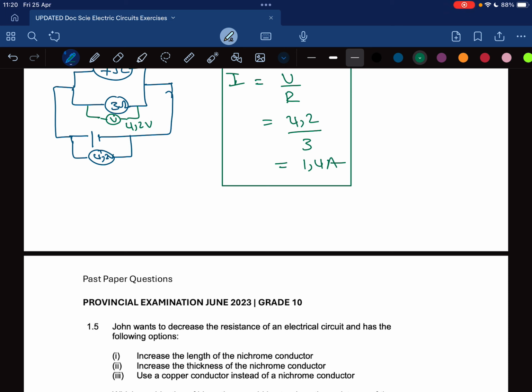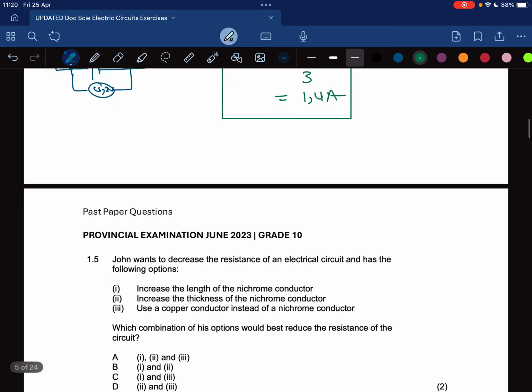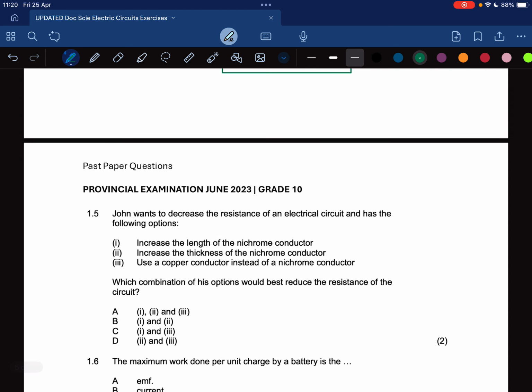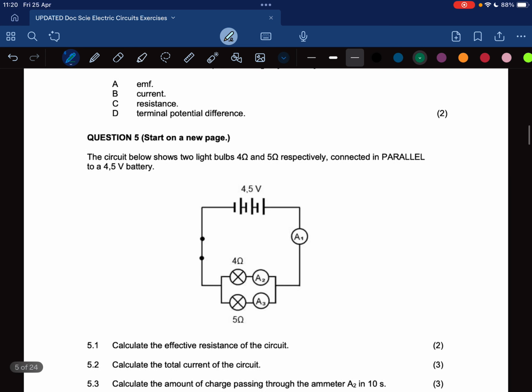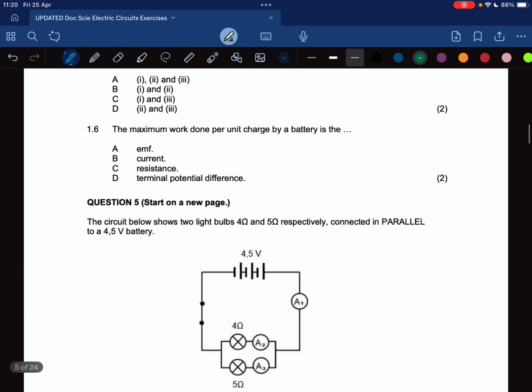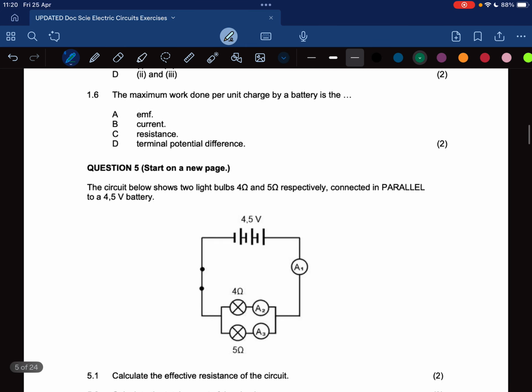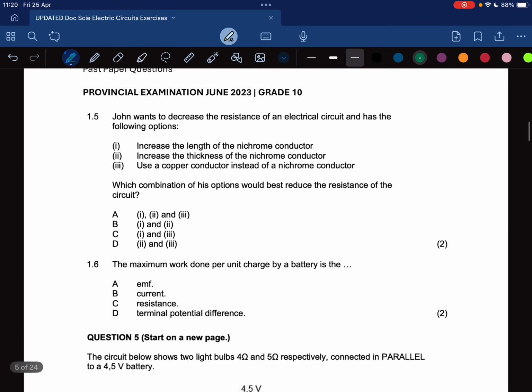That is something that I will do with you as part of an extra lesson when I get back, so that we can see how much you understand and if there's anything that you might be struggling with. Okay, so the exam questions, the past paper questions that I've given you is what we're going to go over now. So I'll do the first one, question 1.5, 1.6 and question 5 with you, and then the rest will be for homework.